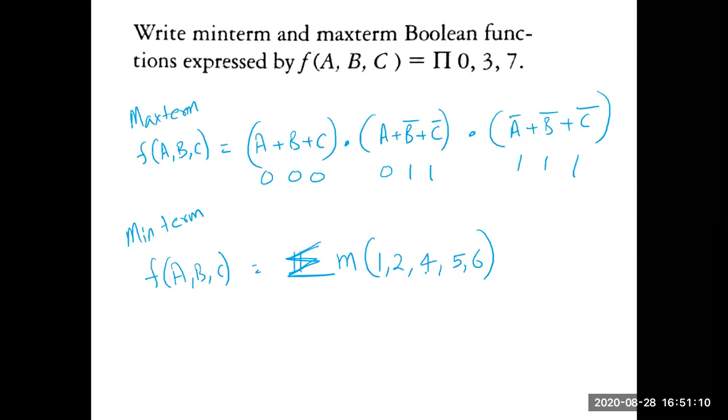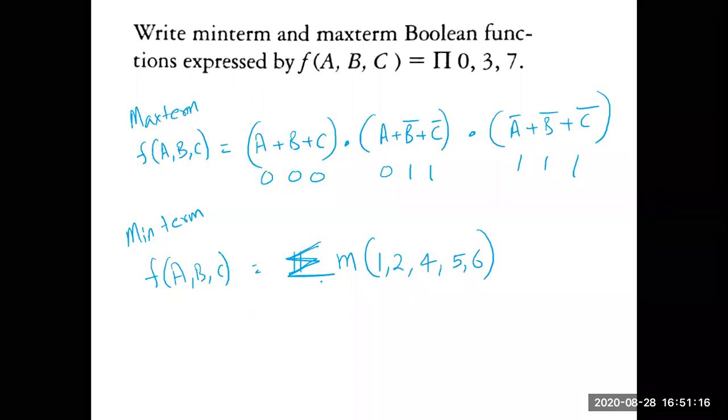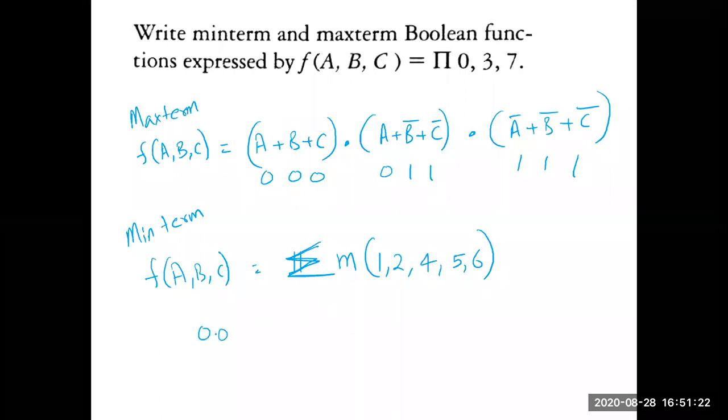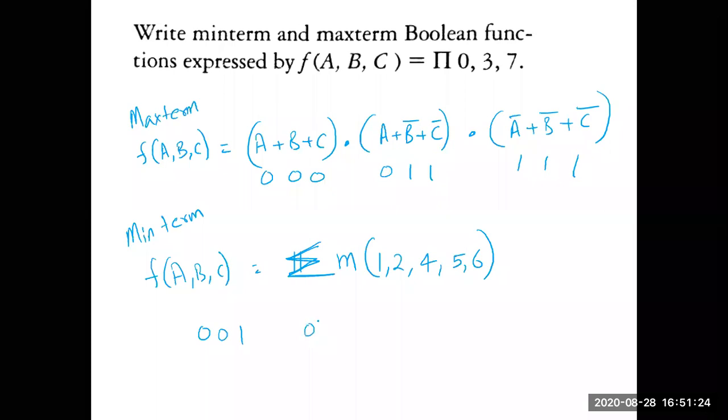So you need to write 1, 2, 4, 5, 6 in the form of summation of minterms. So 1 is basically 0, 0, 1, 2 is 0, 1, 0, 4 is 1, 0, 0, 5 is 1, 0, 1, 6 is 1, 1, 0.